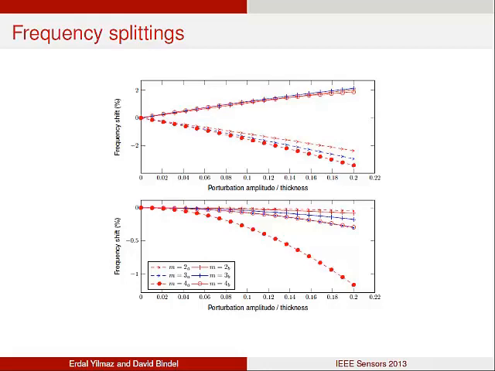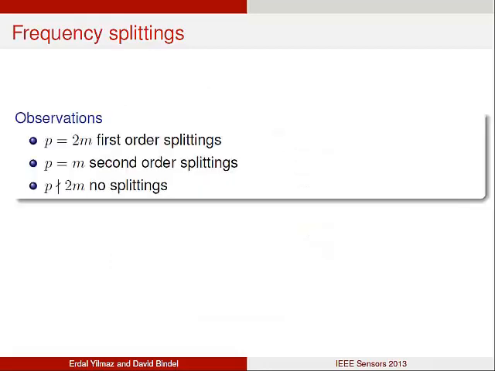The bottom picture shows when we have a perturbation at p equals m, and we see a quadratic dependence of this splitting. So our observation is p equals 2m has first order splittings, p equals m causes second order splittings, and if p does not divide 2m, then we have no splittings at all.